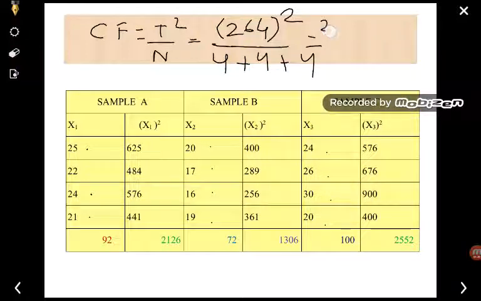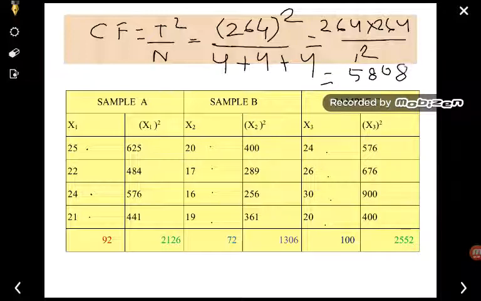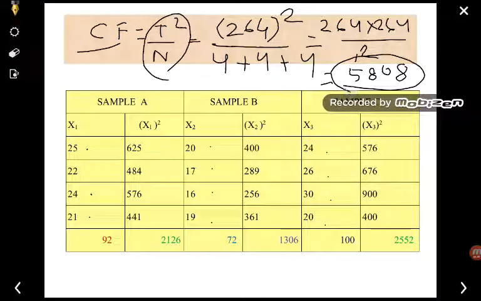Therefore 264 into 264 divided by 12 equals 5808. So the correction factor, T square by N, is 5808.